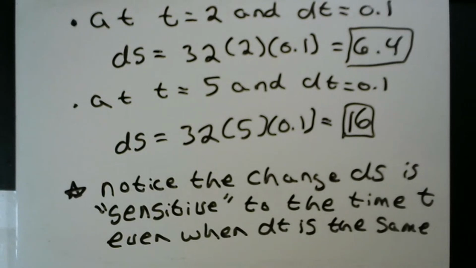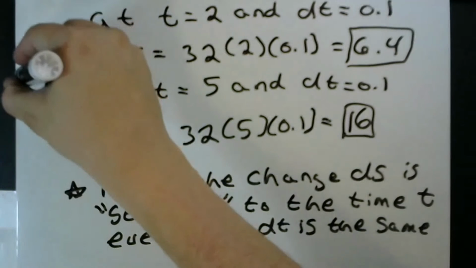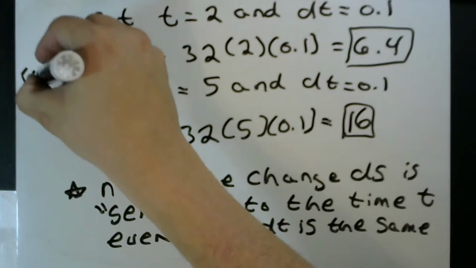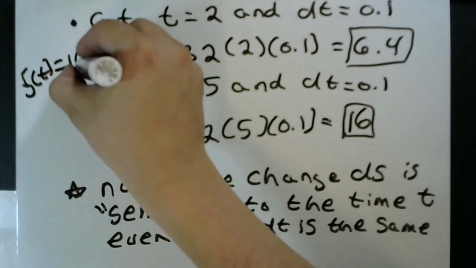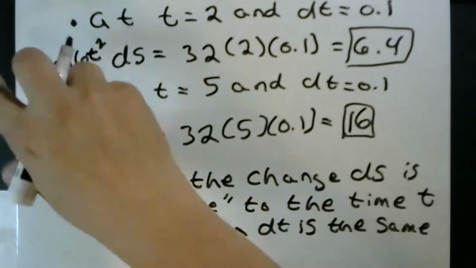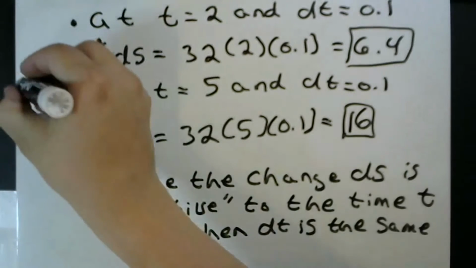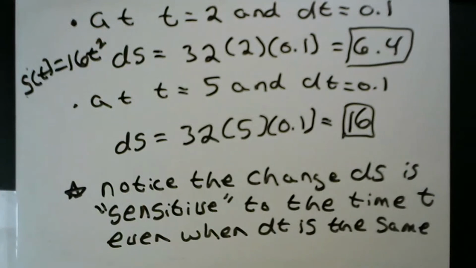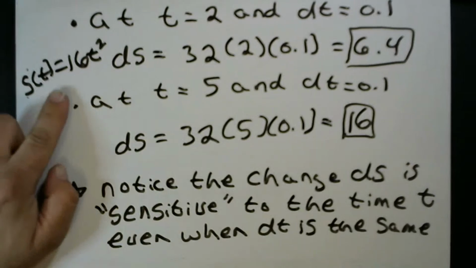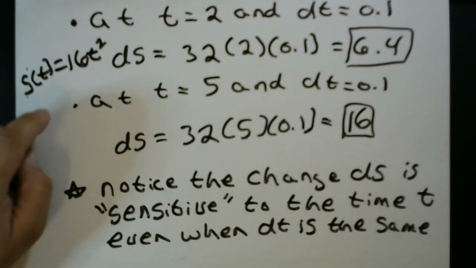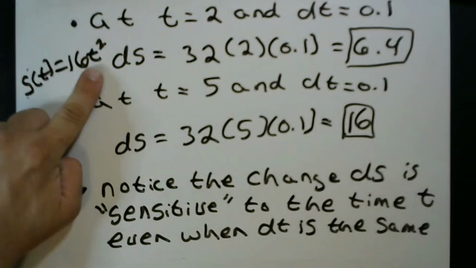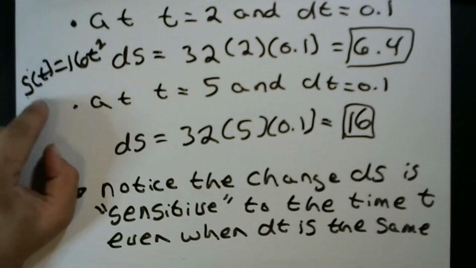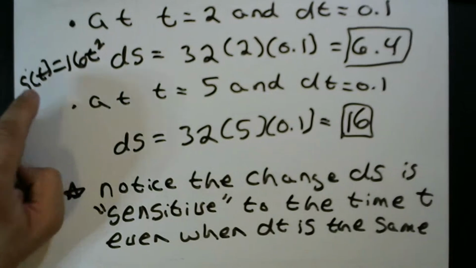And the way you could kind of think about this, if you look back at this function, s of t is 16 t squared. When we think about this function, it's a parabola, and what it's basically saying is that as you use larger values of t for this particular function, the change in this function is going to get bigger and bigger.